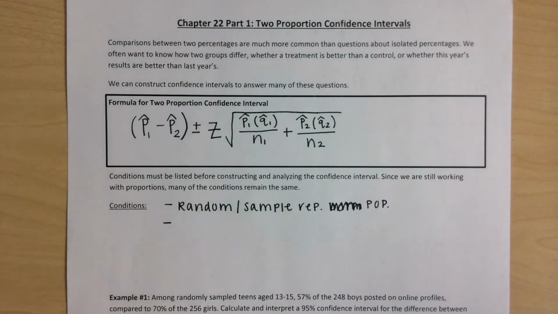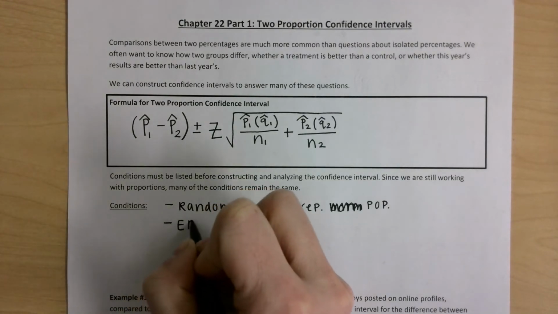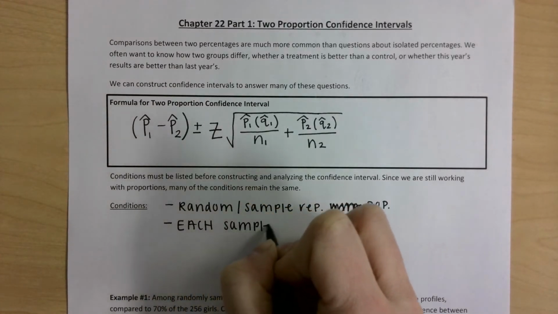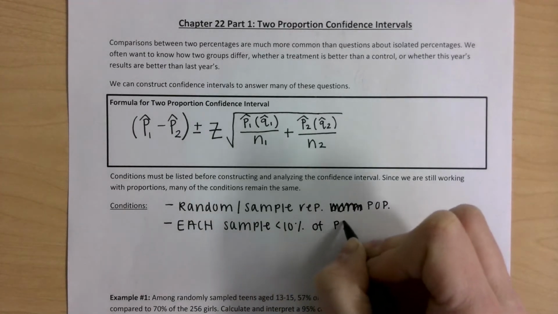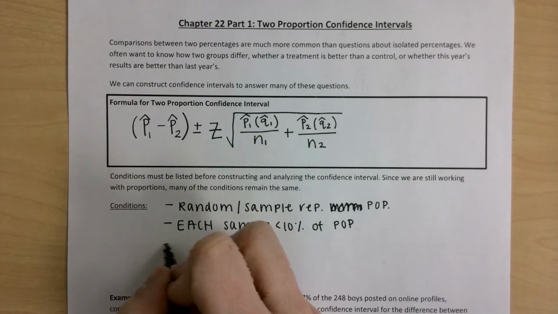The second condition is the 10% condition. We have to check this for both of our samples, so I need to make sure that each sample is less than 10% of the population. My third condition stays the same.